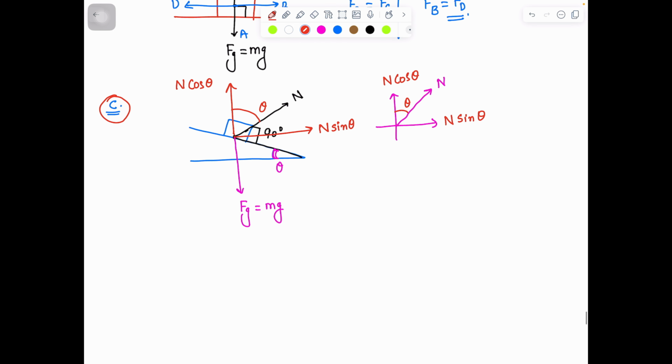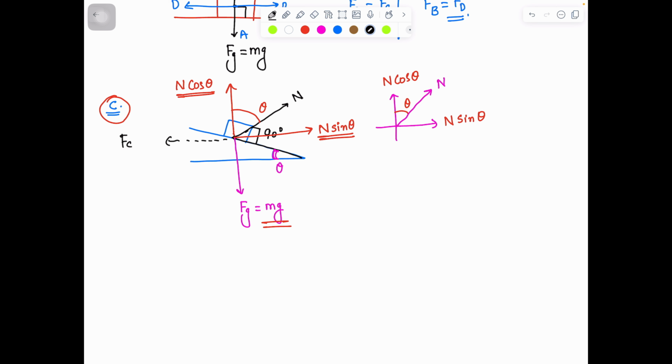Now in this question, what do you understand? There is the part n cos theta, there is a part F equals mg, there is a part n sin theta. So there should be one opposite part to balance this. That is called your Fc. Clear?